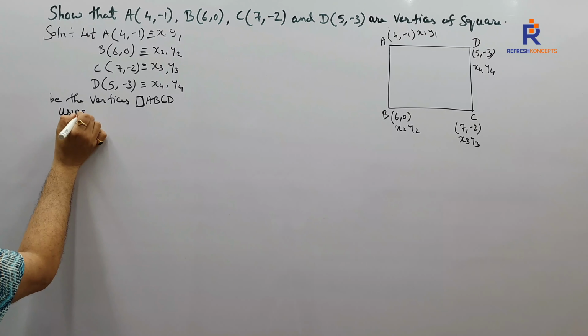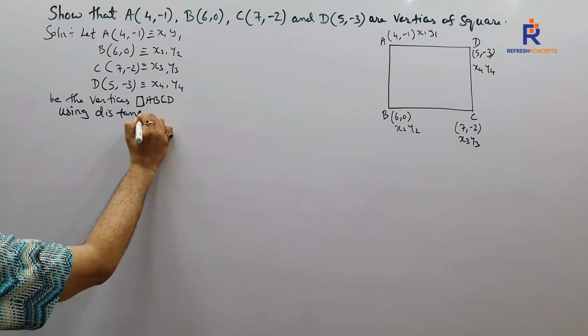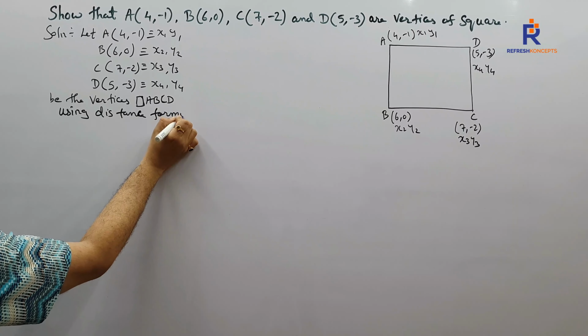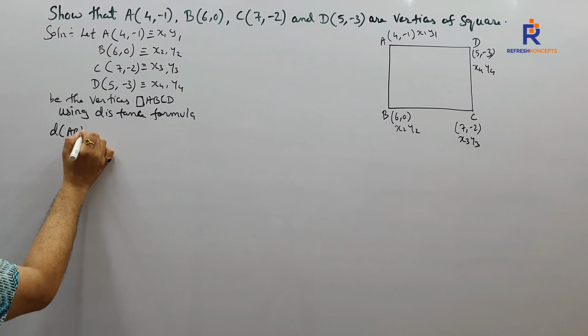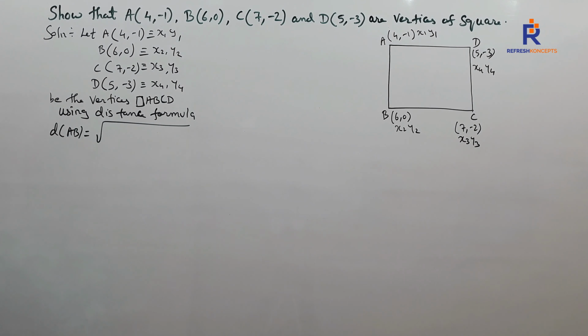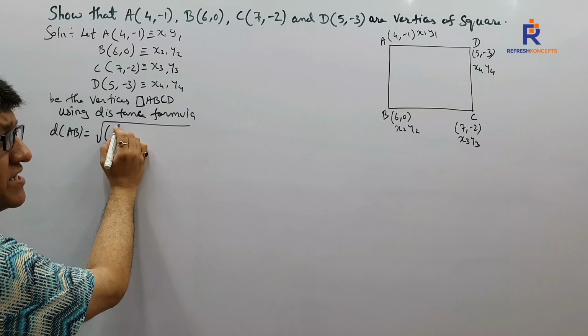Using the distance formula, first distance AB is the square root of, you need not write down the formula, you can directly go with x2 minus x1 the whole square plus y2 minus y1 the whole square.